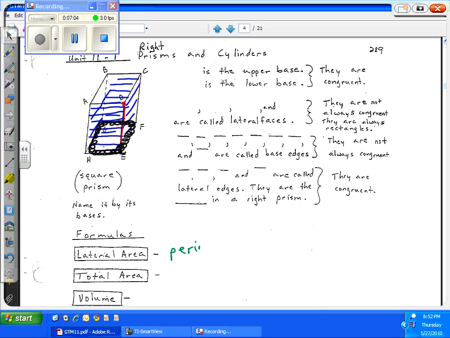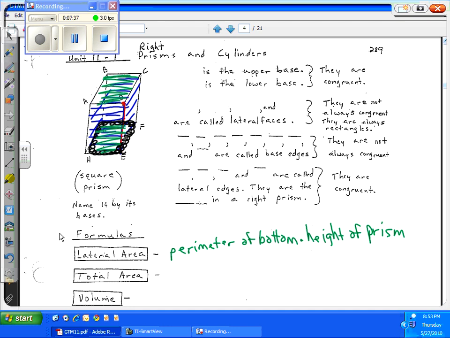Lateral area, perimeter of bottom times height of prism. If you want the total area, you have to add the area of the top and bottom to that.